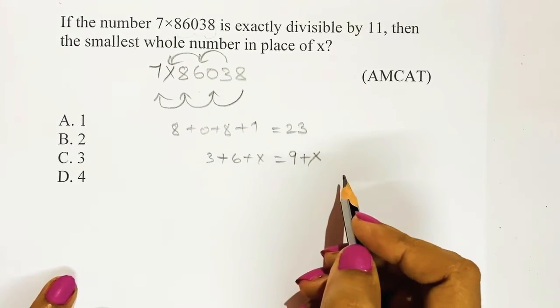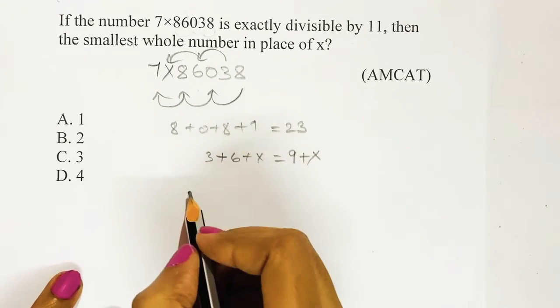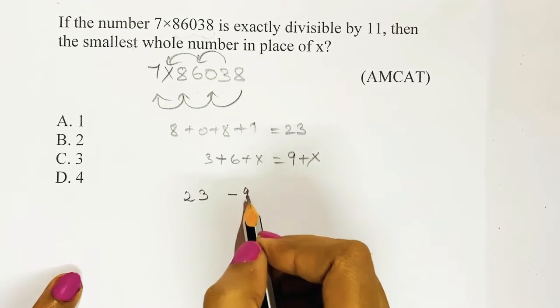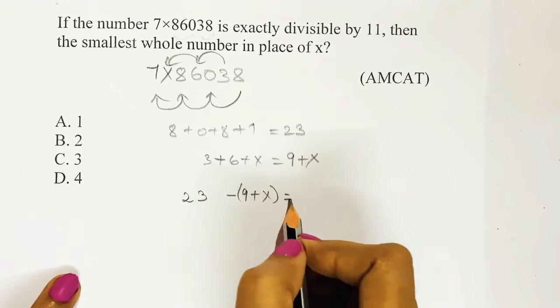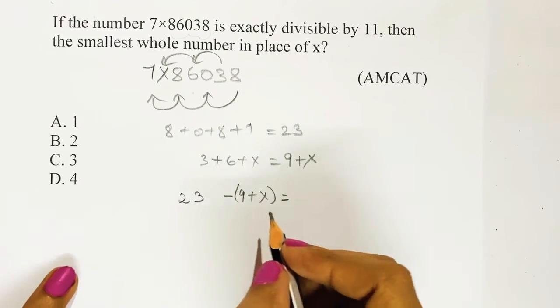To find the difference between the sum of the digits in the odd places minus the sum of the digits in even places, we will take 23 minus (9 plus x), which is equal to 0 or any multiple of 11.